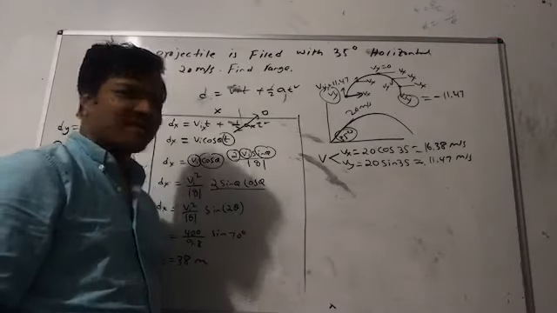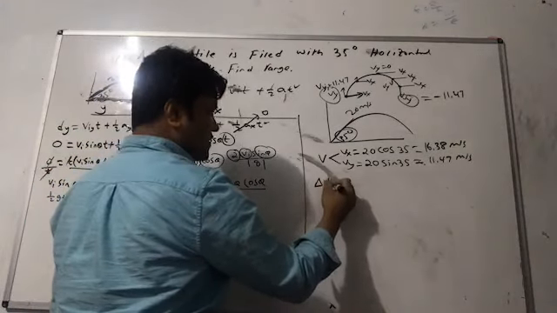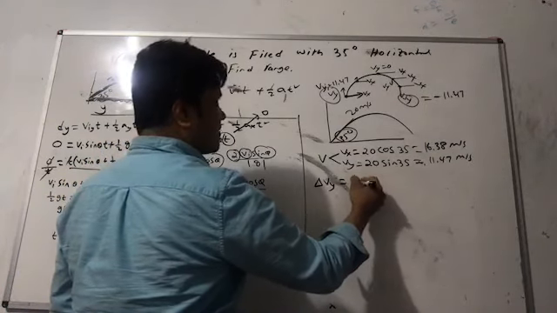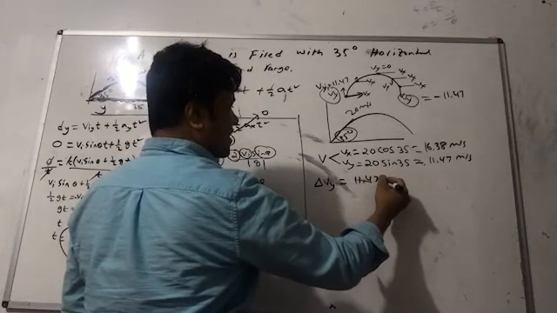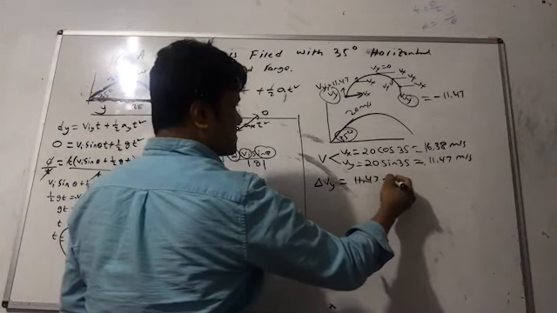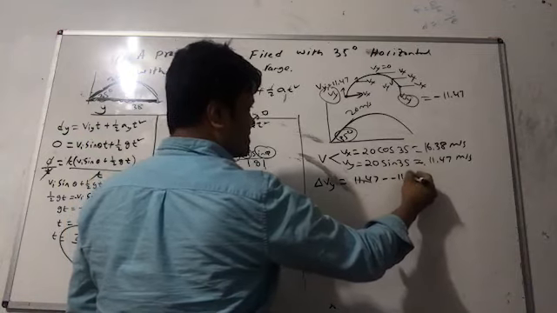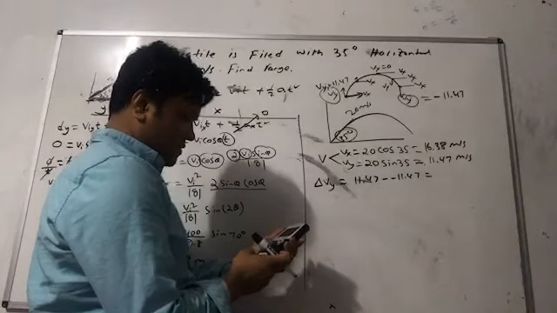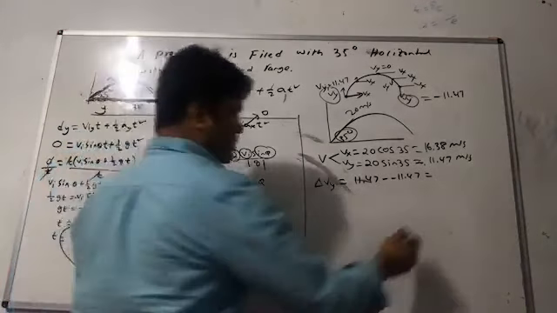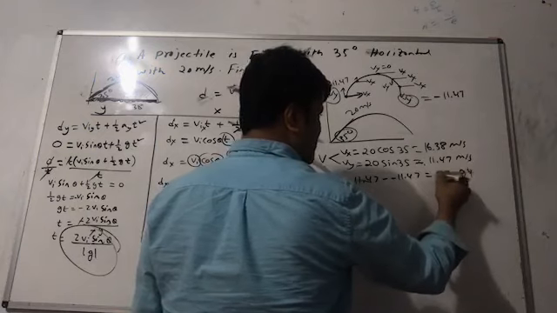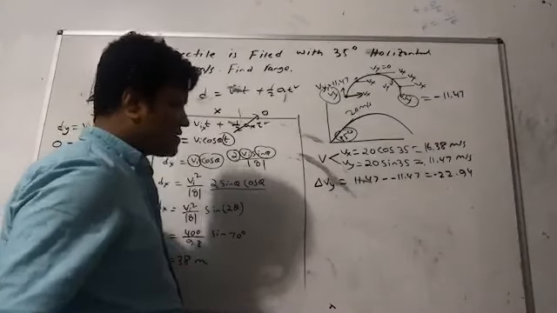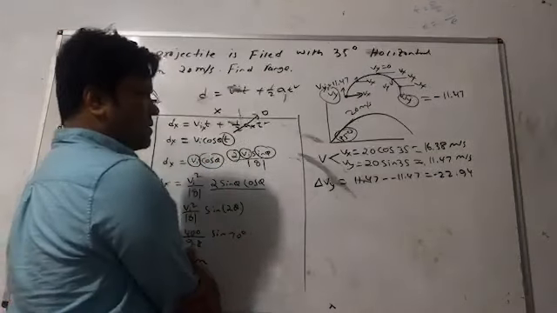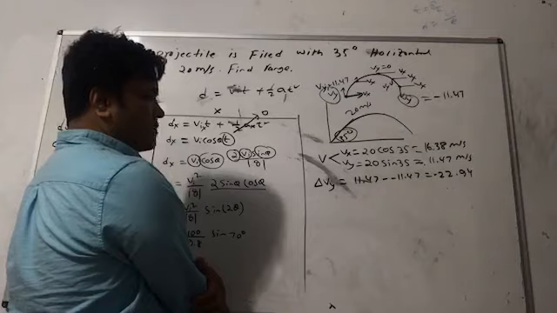So what are we going to do? Vy final is negative 11.47, minus 11.47. So what do we get? Times 2, and we get 22.94. Of course, this is negative. So what can we do now?